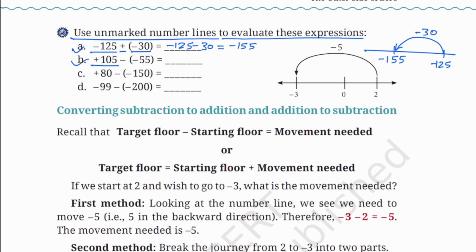B. Plus 105 minus minus 55, that will be equal to 105 plus 55, which is equal to 160.